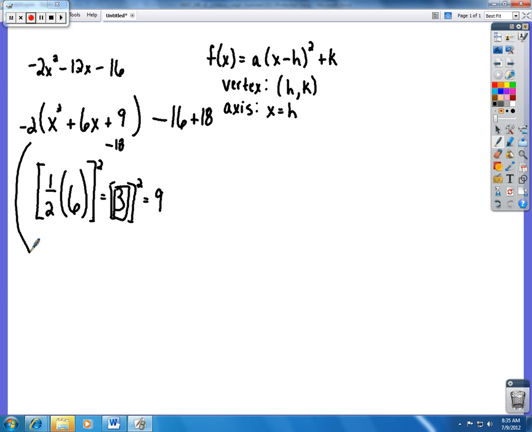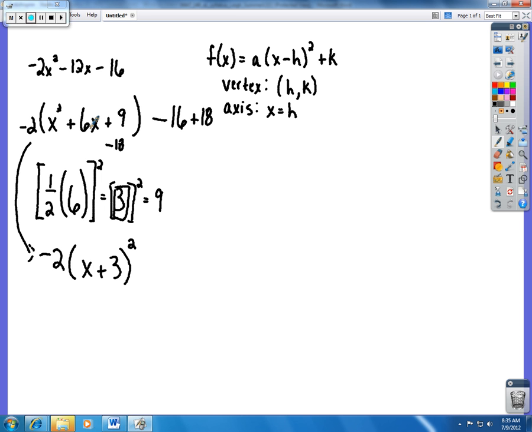So we still have our negative 2 out front. But this is actually x plus 3, so x plus 3 squared. Right? If you multiplied this all back out, if you wrote out x plus 3 times x plus 3, you should get this back out. That's the whole point of this.